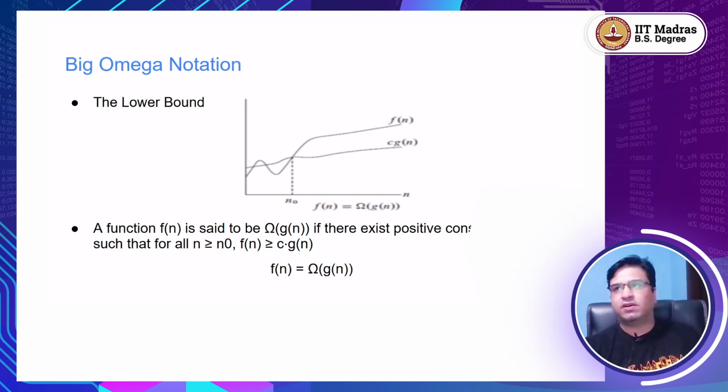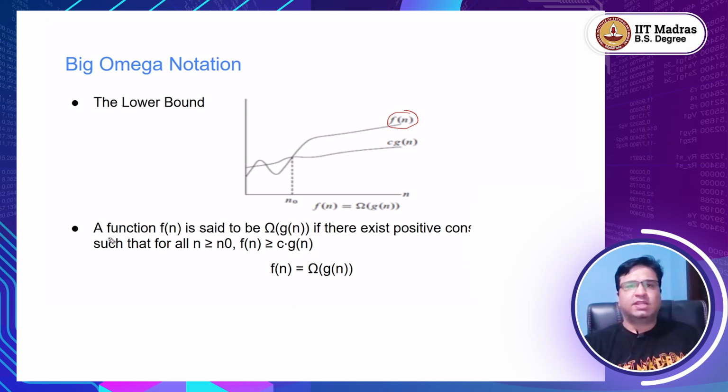As you can see in this graph, f(n) is the actual runtime of an algorithm and c g(n) represents the lower bound. After this n naught, f(n) will always be greater than or equal to c g(n).